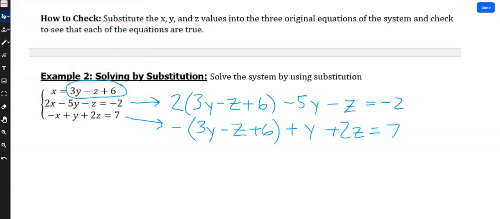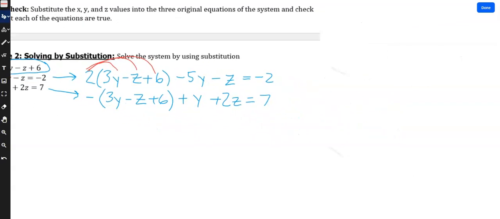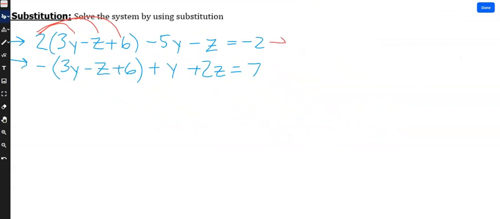All right. So now we're going to start all of this simplification process, as best we can. And I'm probably going to stack things. So I've got 6y minus 2z plus 12. And then I have another -5y and a -z.